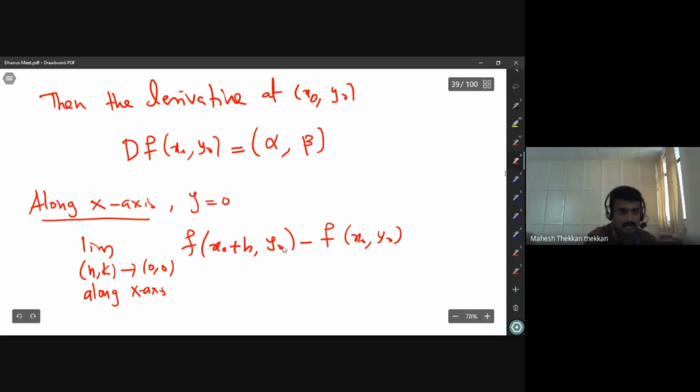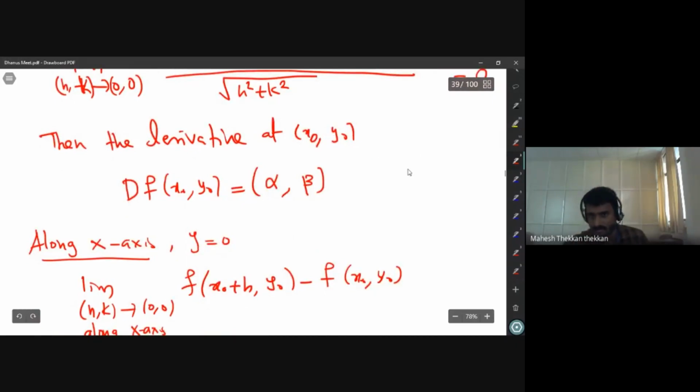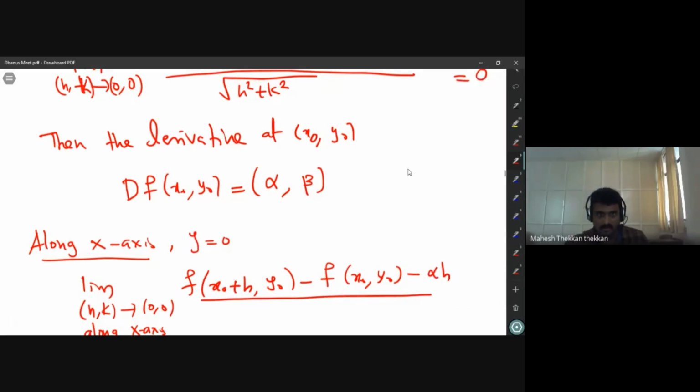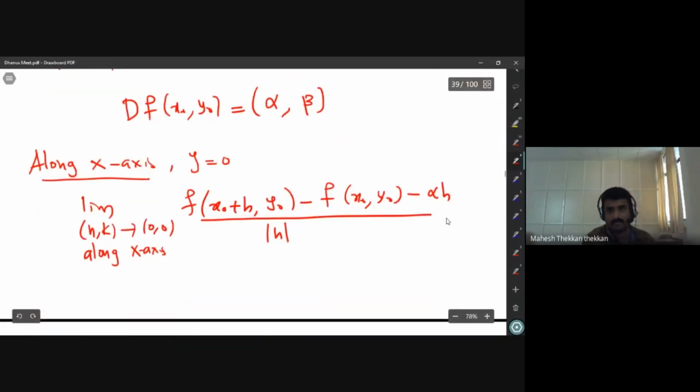The k term will not be there. k has to be 0. Then minus alpha h, whole divided by root of h square, that turns out to be mod h. So the k term is not there, so root of h square will come. That is mod h. So what is this value? This is equal to 0, right?